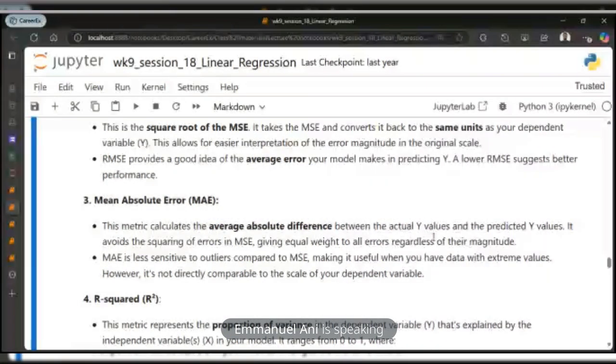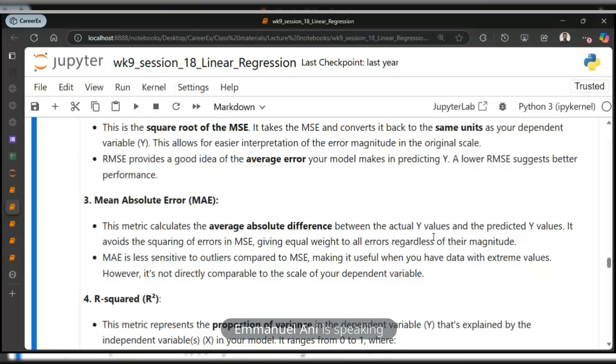Getting an absolute value basically means removing the sign. If it's a negative sign, you remove it and just retain the value. If your error was minus 50, you take away the minus and retain the 50. So that is what it means. It gets the absolute difference between your actual Y and predicted Y and then averages it, right?